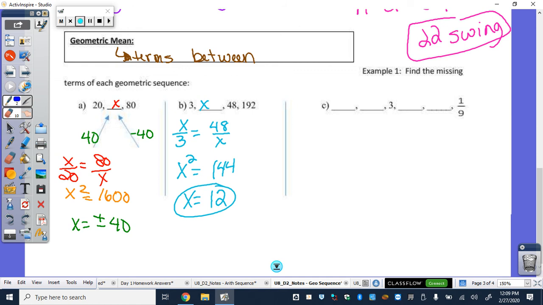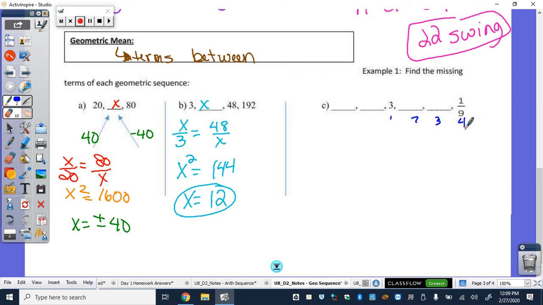Now letter C, a little bit different. We're missing 2 terms. We know a number. The number 3 is technically my third term right now, but I'm going to pretend right now like that's my first term. So that would make 1/9 my fourth term.